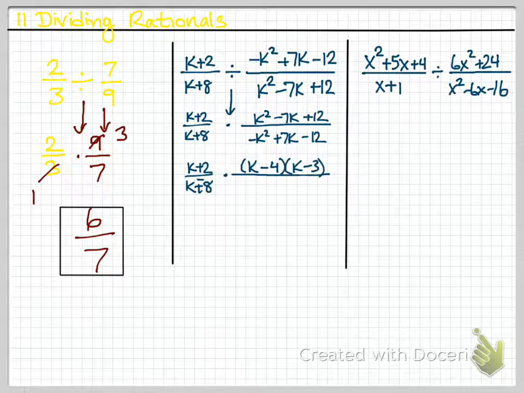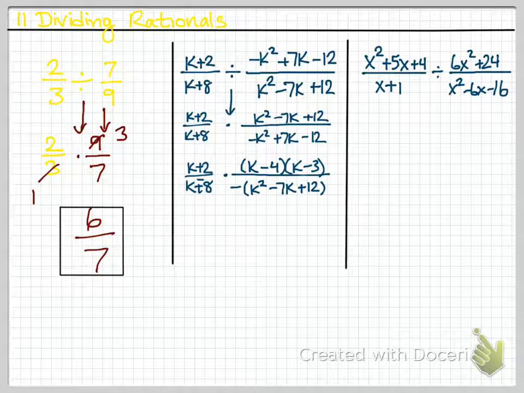The numerator of the second fraction is factorable, k minus 4 times k minus 3. And we have a negative k squared in the front. Easiest thing for us to do is to divide out a negative. So now it is a basic trinomial versus an advanced one, because you have a negative 1 there. Divide out negative 1, so now it is a basic trinomial again, where it's just positive 1 in front of the k squared.